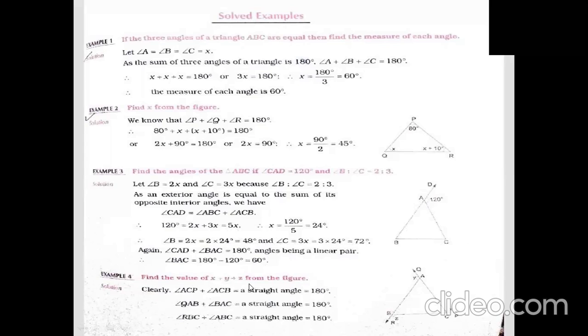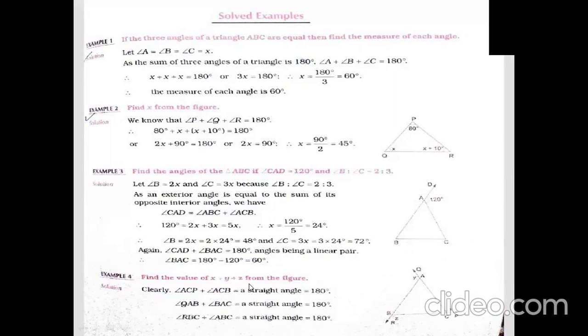They are saying here, find the value of x plus y plus z from the figure. Clearly from the figure you can say angle ACP plus angle ACB is equal to 180 degrees. Angle QAB plus angle BAC is again 180 degrees, that is a straight angle. Angle RBC plus angle ABC is again equal to 180 degrees, that means again a straight angle.